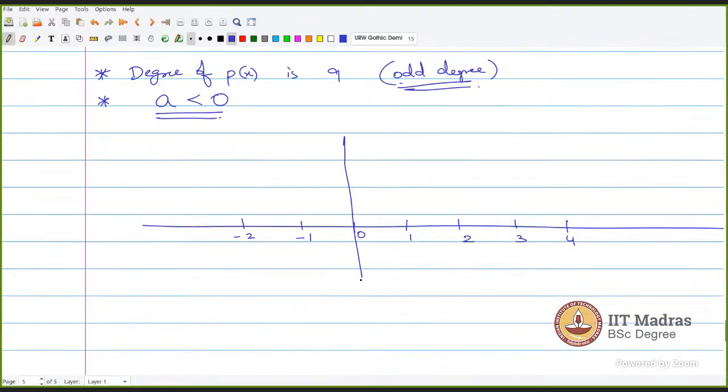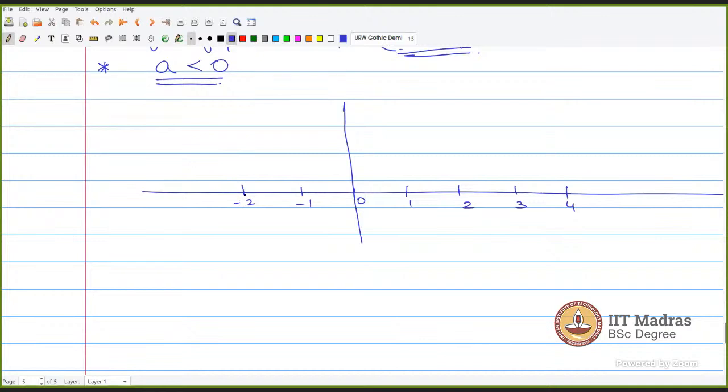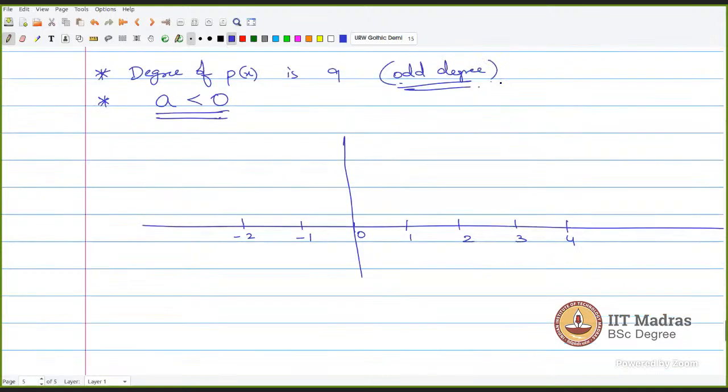Now see below this -2. As we have just discussed, until we meet the first root, when a is less than 0 and it is an odd degree, we will have something like this.